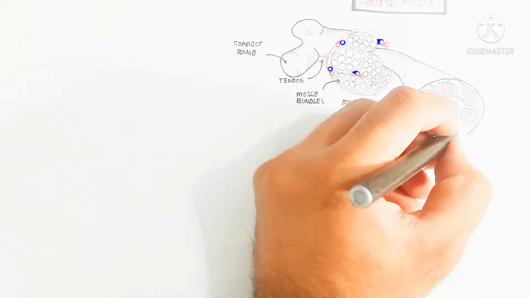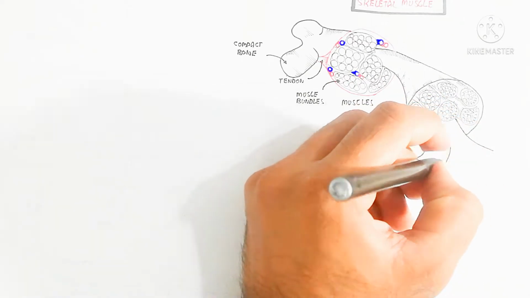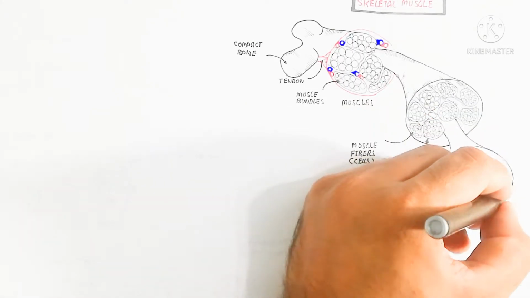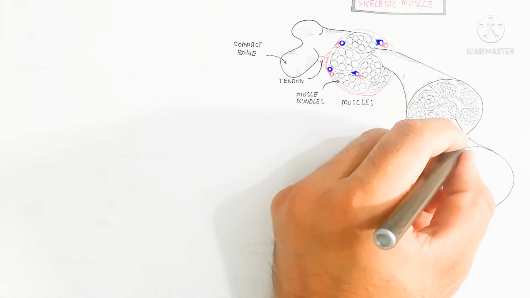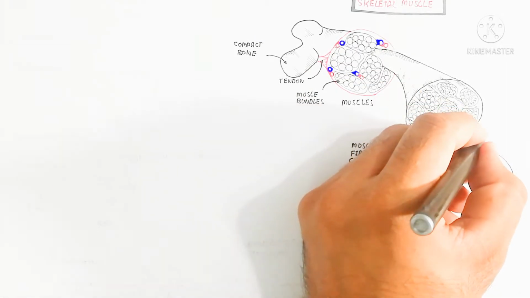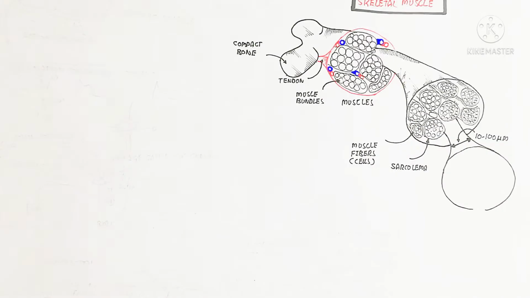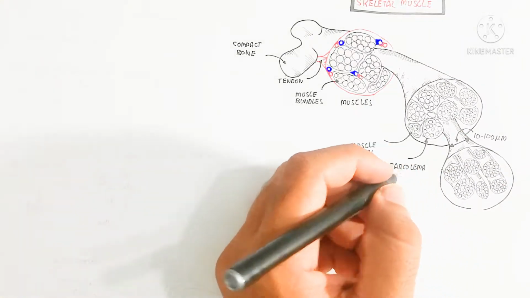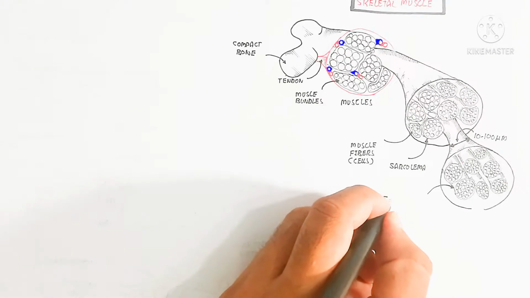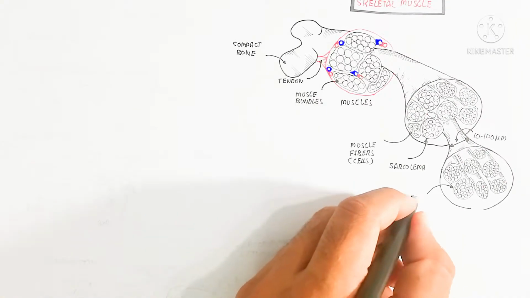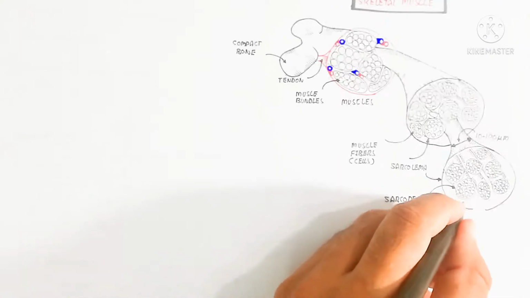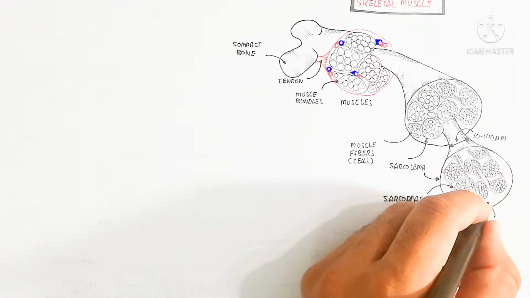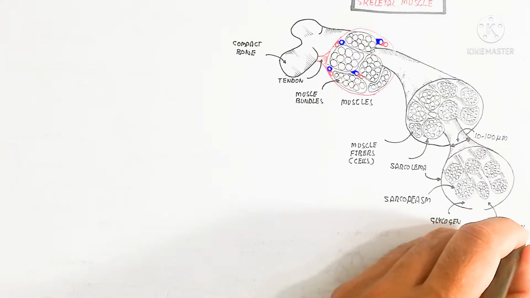So here are the muscle fibers. The fascicles are surrounded by the muscle fibers, and a muscle fiber is 10 to 100 micrometers thick, and inside it is the sarcolemma.